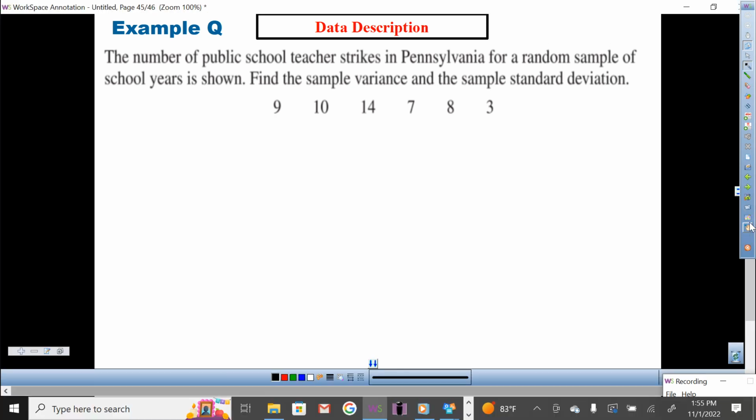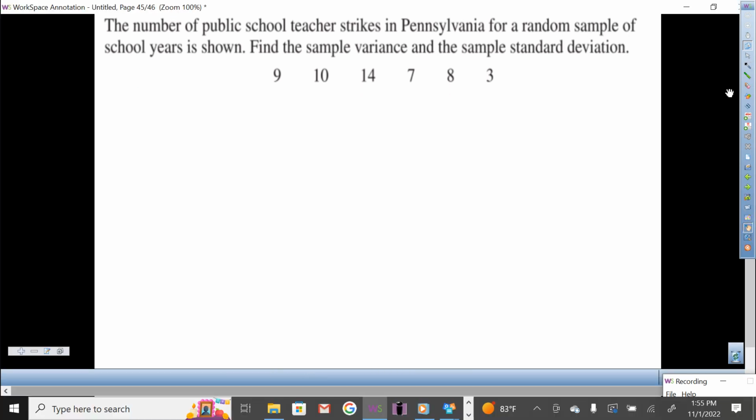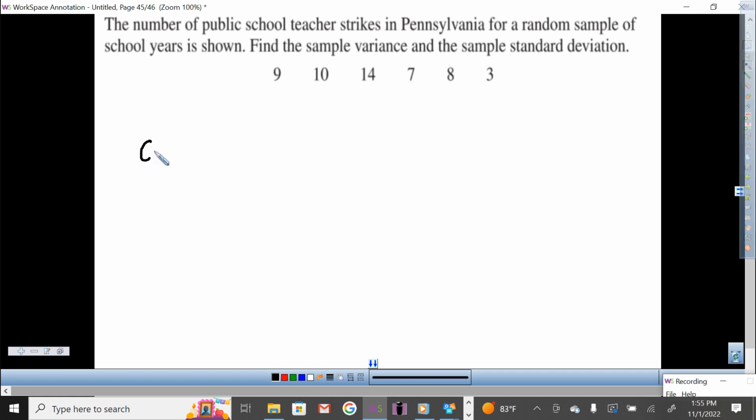All right. Okay, Mel, go. Give us a formula. Sigma, like the sum.